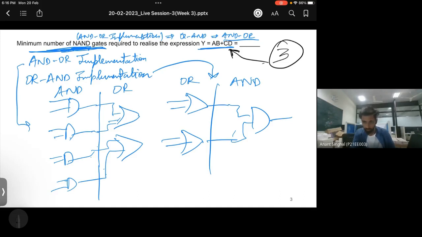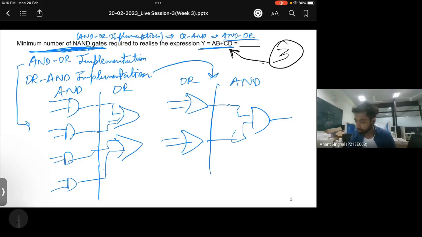Yeah, you can type in the chat box, whoever has raised the hand. Okay.